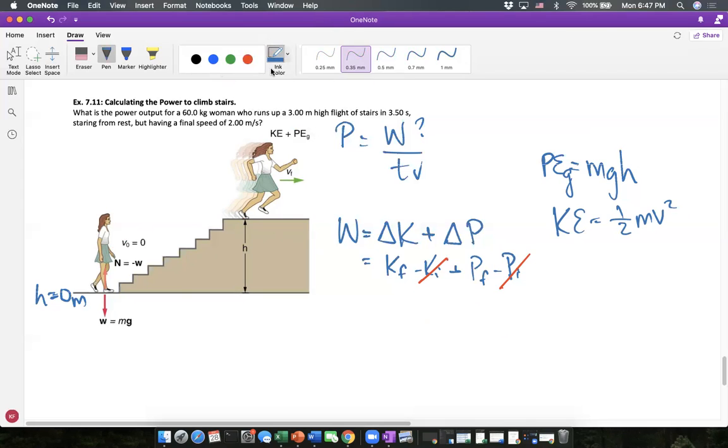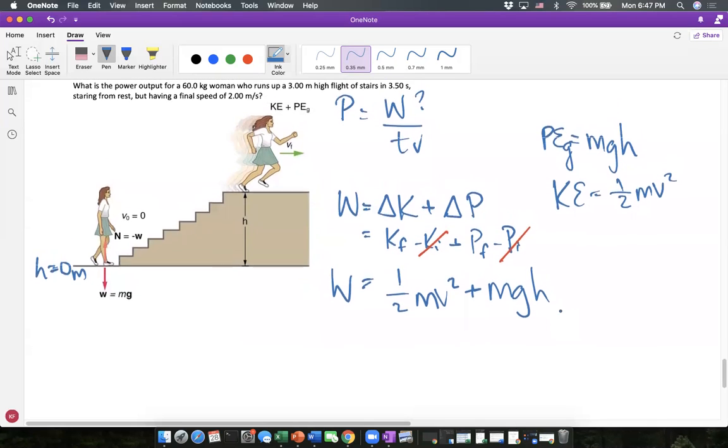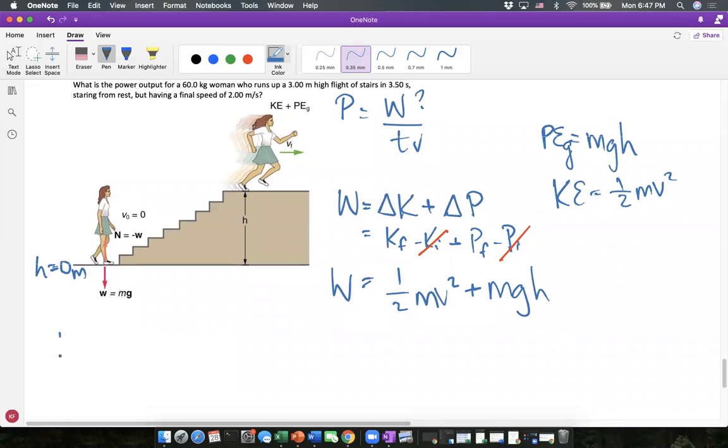So now we just have that her work is going to be 1/2 mv squared plus mgh. That's what the work is. Now we can plug in our values.